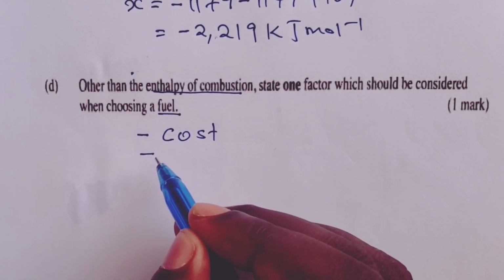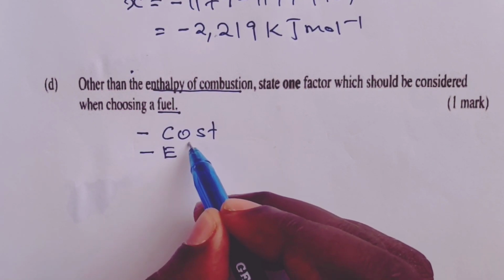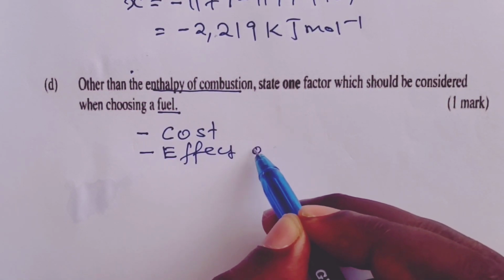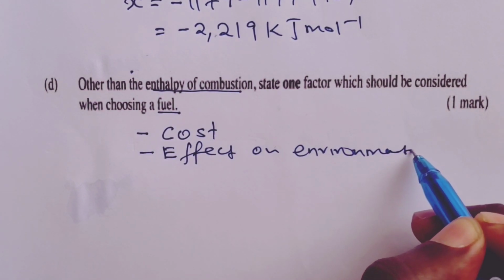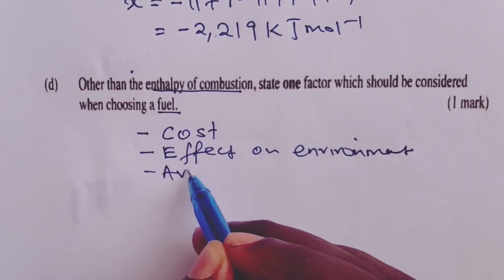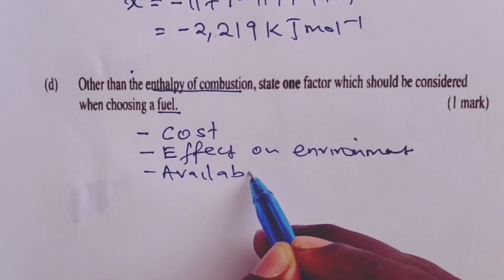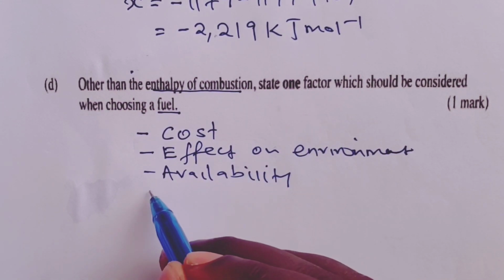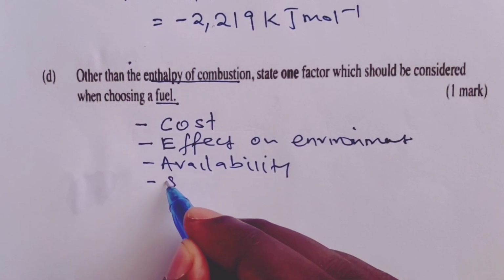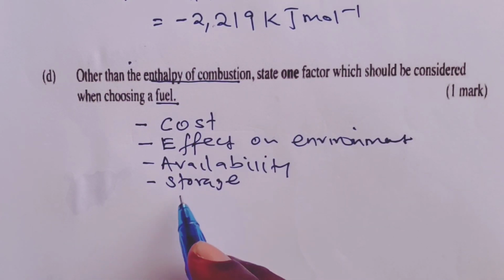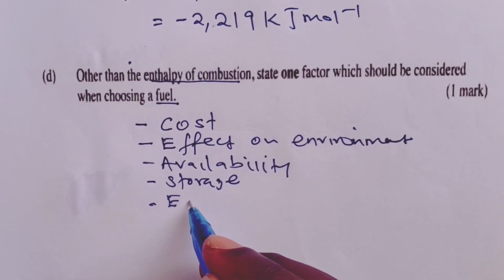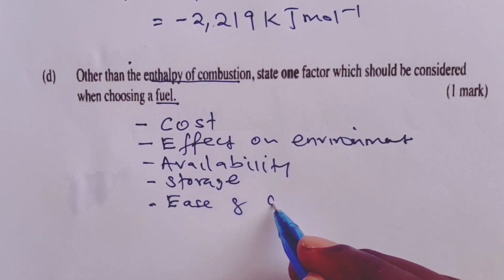There is the cost factor, there is pollution, what we call effect on environment. Then we also have availability of the fuel. We also have storage or ease of storage. And finally we have ease of combustion.